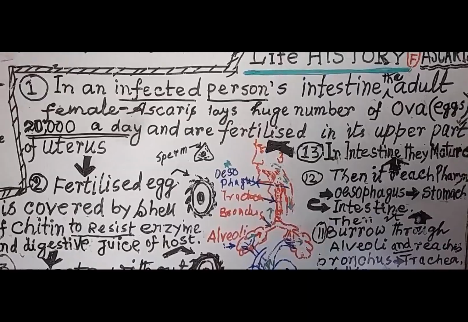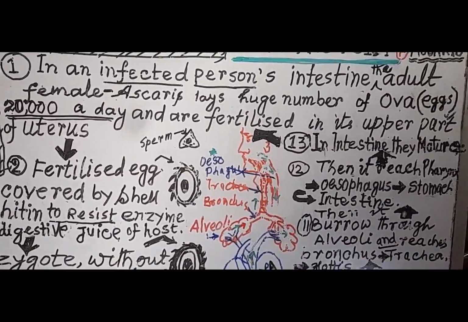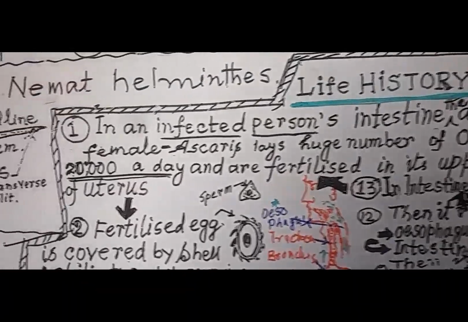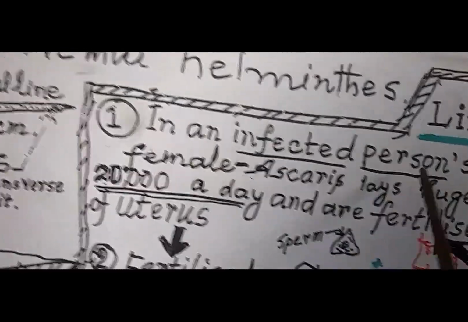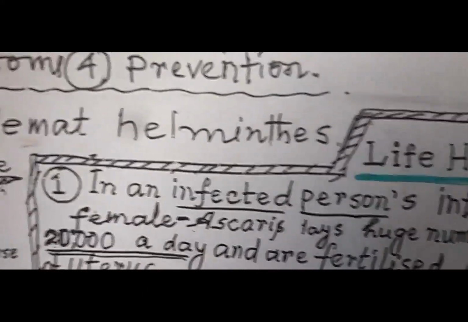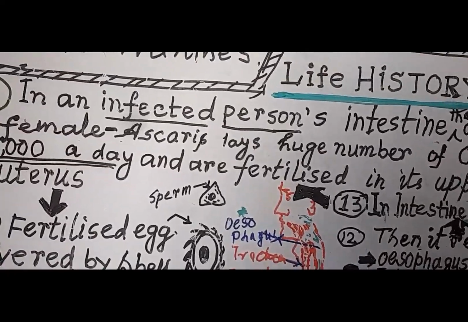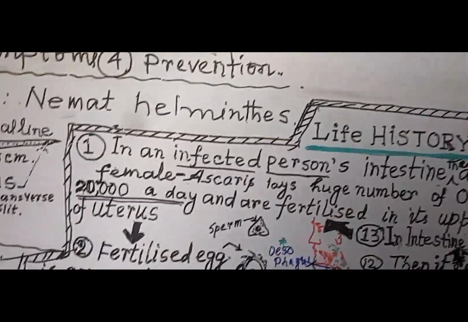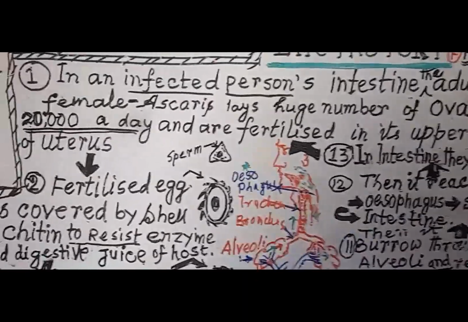Hello everyone. Now we shall start the life history of Ascariasis, which is the second point of the syllabus. The second point of the syllabus is the life history or the life cycle. This is the life history of Ascariasis. It is described here in a very simple way that will help you to realize it very quickly, and you can remember it very easily.